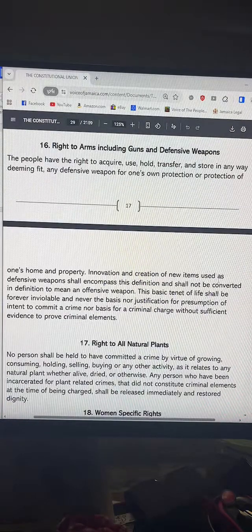Innovation and creation of new items used as defensive weapons shall encompass this definition and shall not be converted in definition to mean an offensive weapon. This basic tenet of life shall be forever inviolable and never be the basis nor justification for presumption of intent to commit a crime nor basis for criminal charge without sufficient evidence to prove criminal elements.